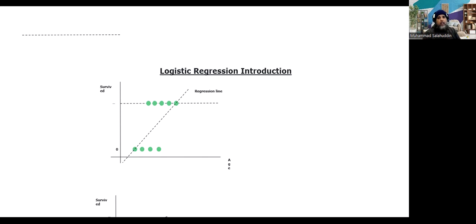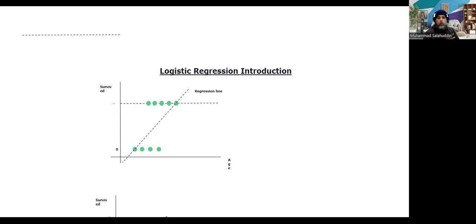Within that line equation, we have a couple of unknowns that we need to calculate, and in the math we have seen how we can calculate those unknowns. But now coming back to the classification problem, where we have multiple classes and we need to classify an object into one of those classes, how are we going to do it?